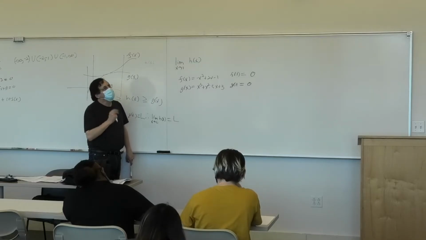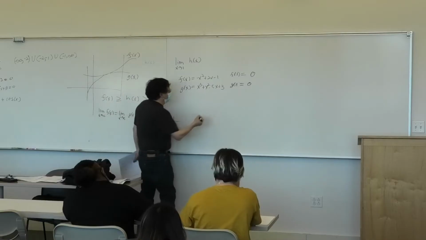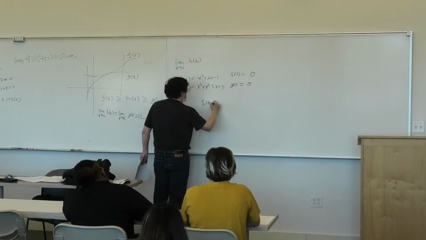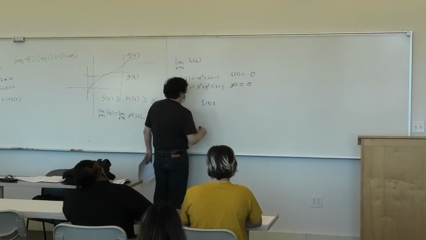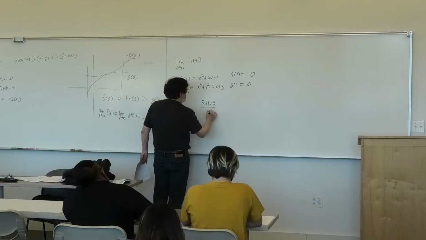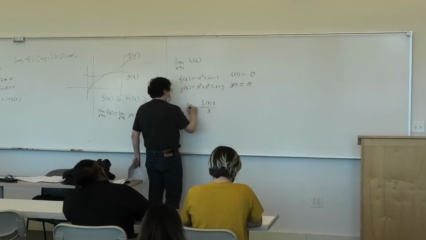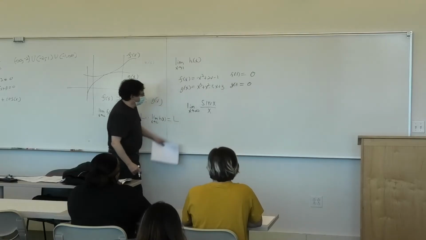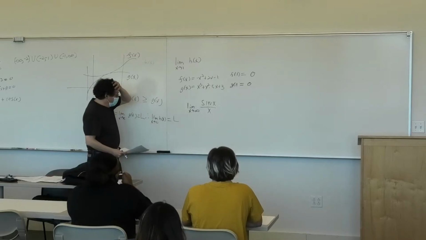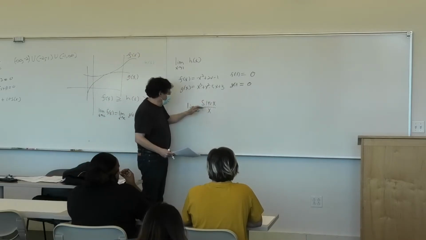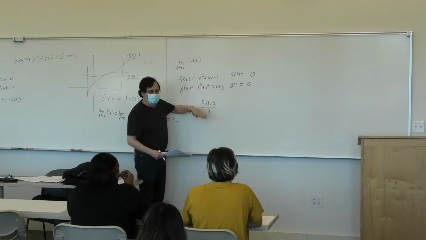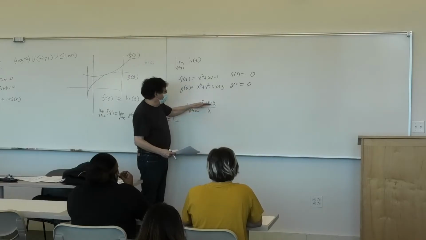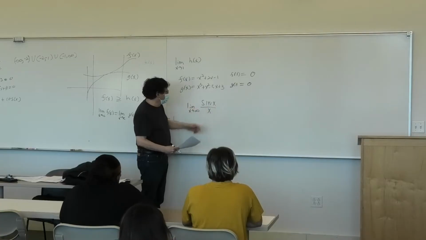Typically you have some kind of limit you want to find. I don't know if this is going to be what I want it to be, but okay, look at that and go, well, it looks like it's going to 0, but sine is kind of going up and down, right? So you find two functions that this is between.